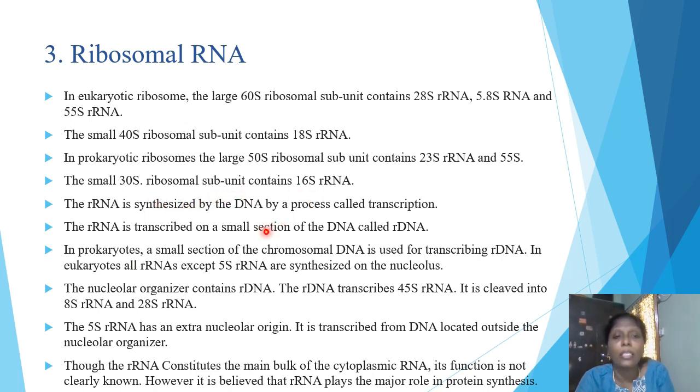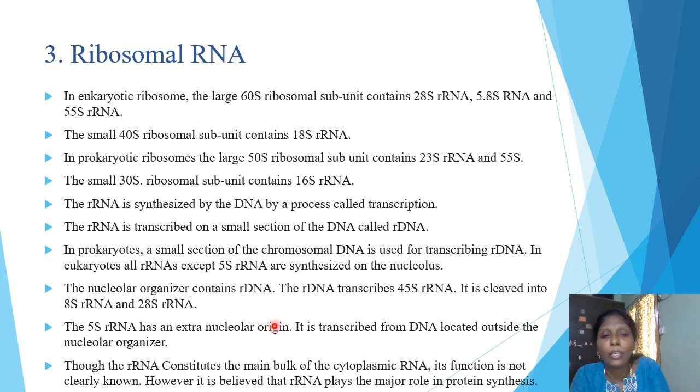The rRNA is synthesized from DNA by a process called transcription. The rRNA is transcribed on a small section of DNA called rDNA. In prokaryotes, a small section of chromosomal DNA is used for transcribing rRNA. In eukaryotes, all rRNA except 5S rRNA is synthesized in the nucleolus.